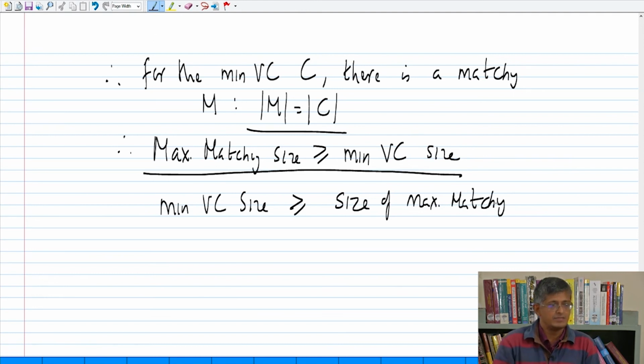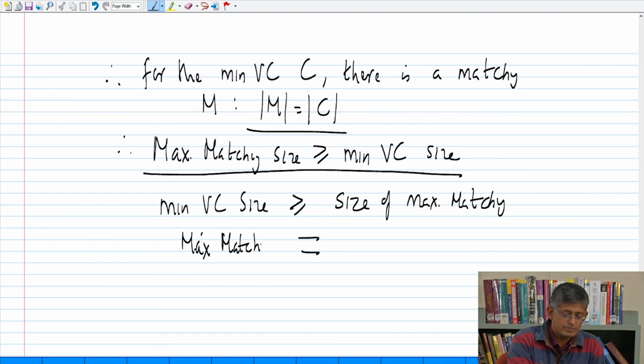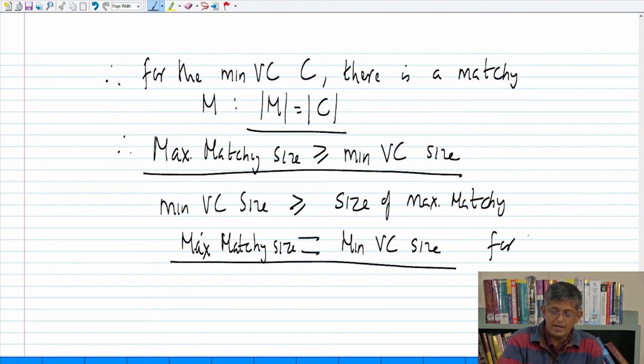This is very easy, because for as many disjoint edges as you have, you have to pick at least as many vertices. Therefore, equality holds for bipartite graphs.